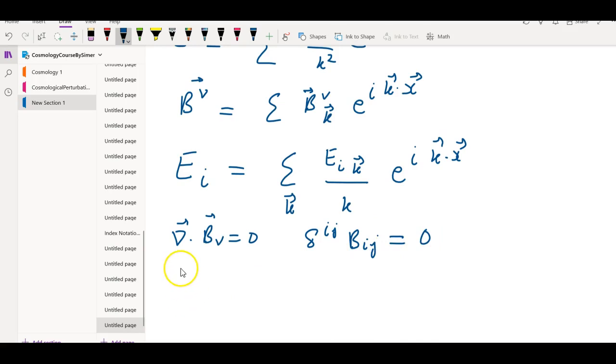Then we have the constraint on ei, the divergence of vector e is 0. This gives us bi comma j, so delta ij ei comma j is 0.